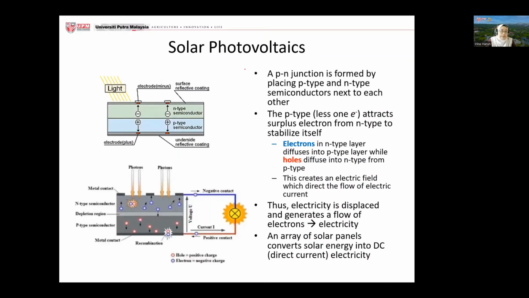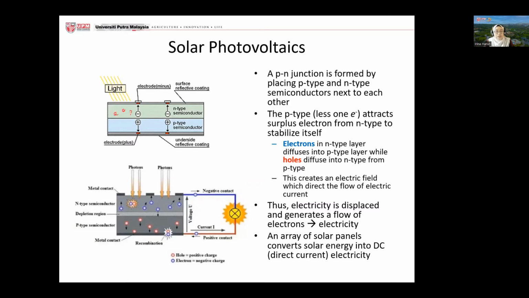In solar photovoltaics, these two different semiconductors will be placed next to each other. As this is an actual solar PV, as the light hits, just now remember electrons are being produced.